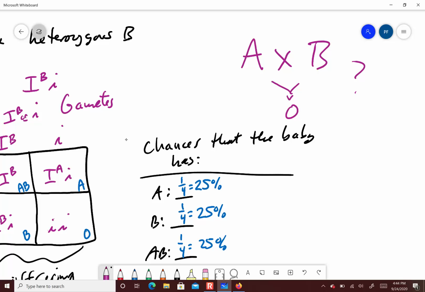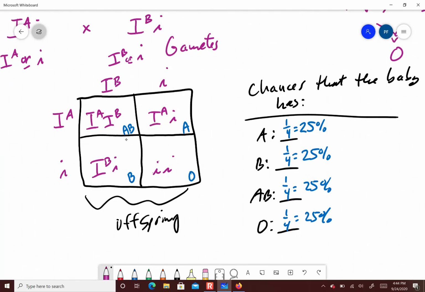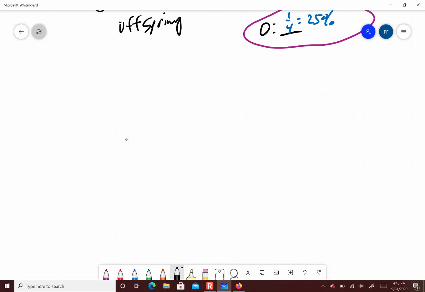One's A and one's B and the kid is O. That doesn't seem like it works. But here's A crossed with B, both heterozygous, and we can get 25% with type O blood. So it depends on the actual genetics, on the genotype that we're starting with.